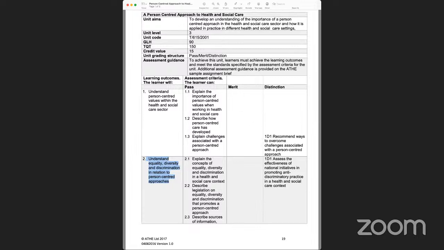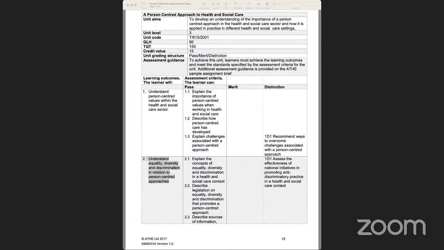So here in this particular learning outcome, we are focused on understanding details about the key laws and legislation which are going to be effective in the context of the person-centered approach.